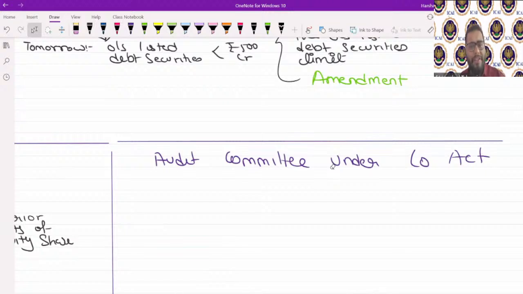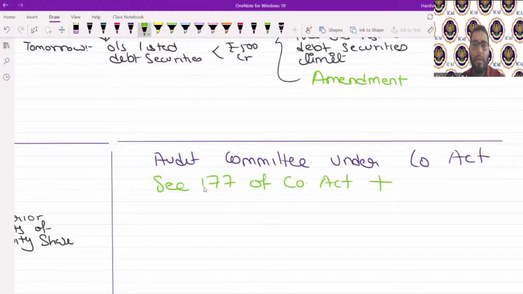Do you guys remember which section we are talking about here under the Companies Act? Which section? Section 177 of the Companies Act plus Rule 6.